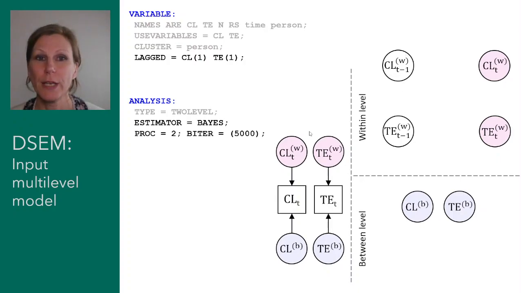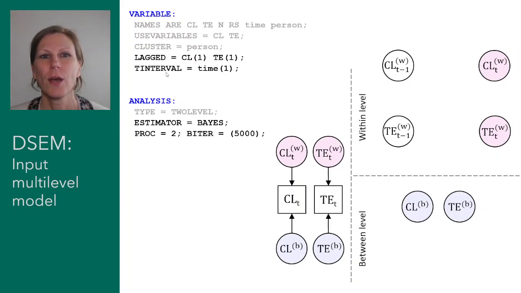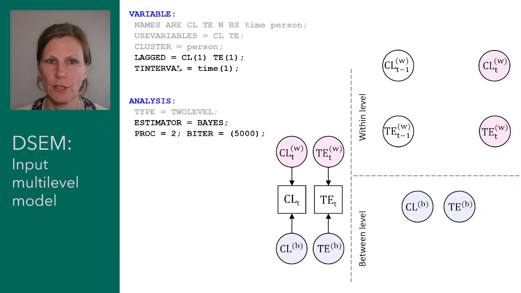We are going to do Bayesian analysis. This is something that will be discussed in more detail in another video, so I'm skipping it for now. And the other thing that we're going to add here to the variable command is the t-interval option. So we are going to indicate that there is a variable time, and this indicates when the observations took place.